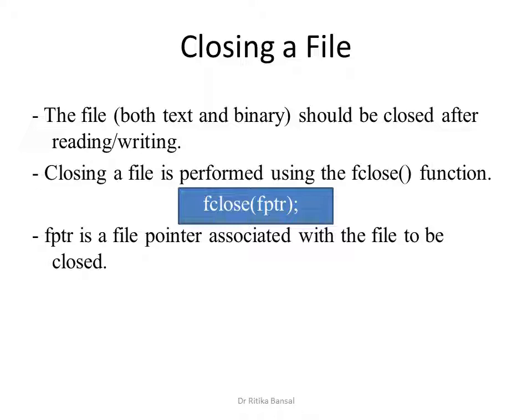Everything of the file is held by the pointer. If we close the pointer, then the file will be closed. So the fclose function is used, and in fclose the only thing we need to supply is the pointer which is holding the address of the file. If the pointer is closed, then everything is closed.